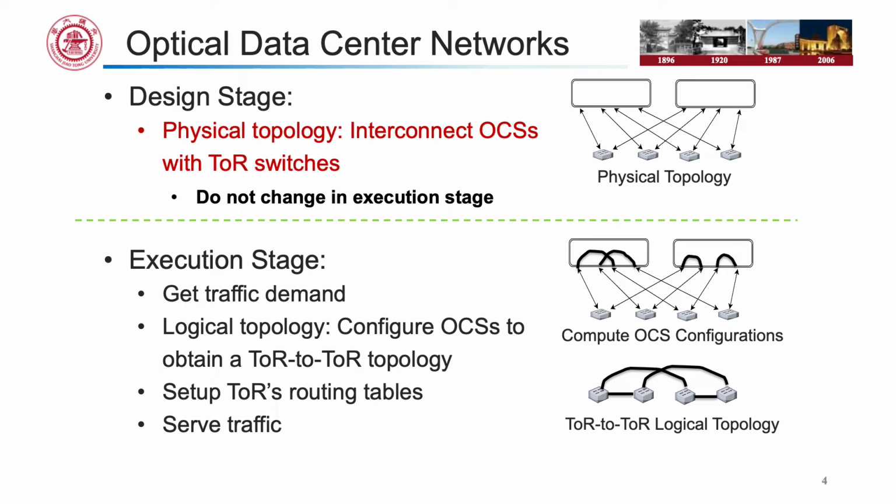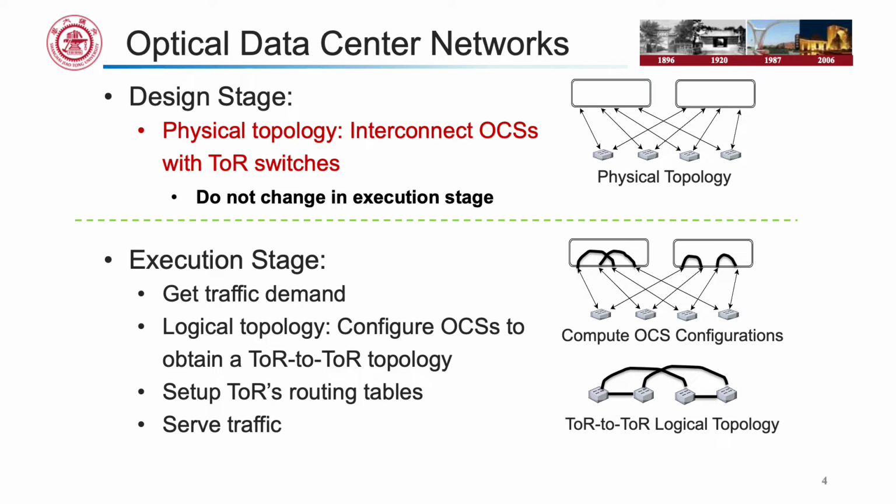This can be done either by monitoring the network traffic or by acquiring the traffic pattern from the applications. Based on the traffic pattern, we can compute the optimal OCS configuration to obtain a TOR-level topology. We call this topology a logical topology. Then we can set up the routing tables for these electrical switches and then start serving traffic.